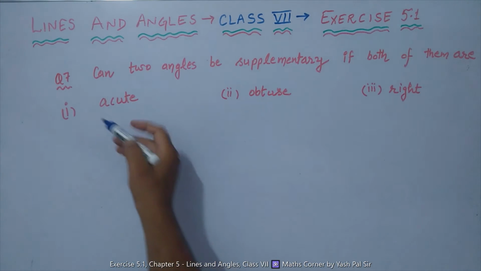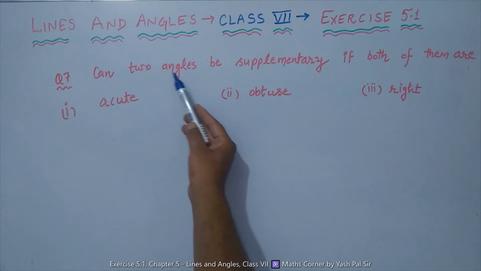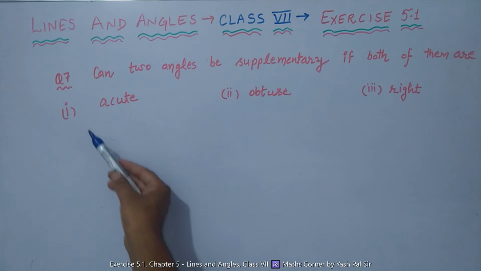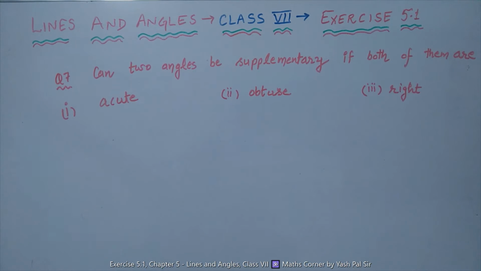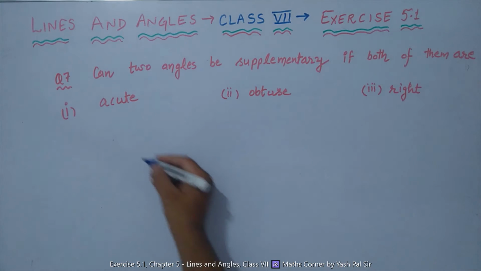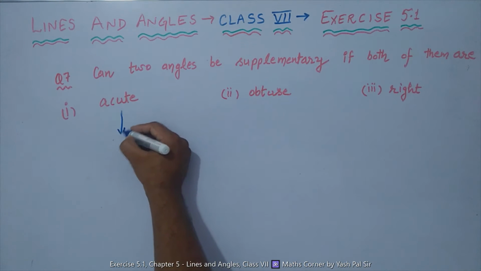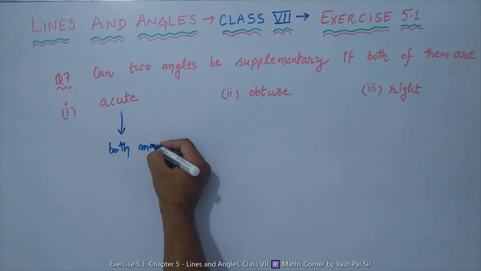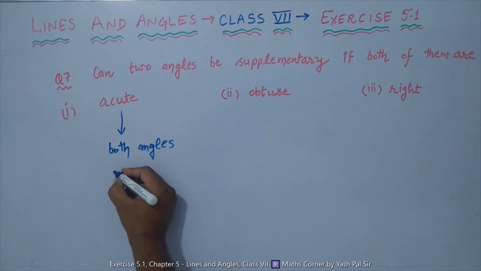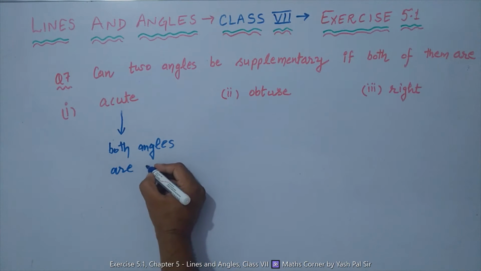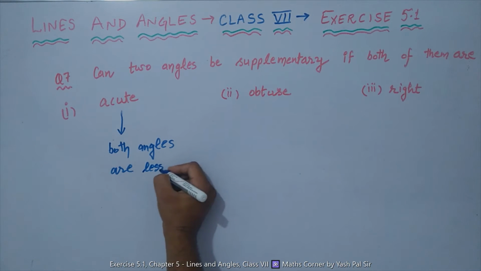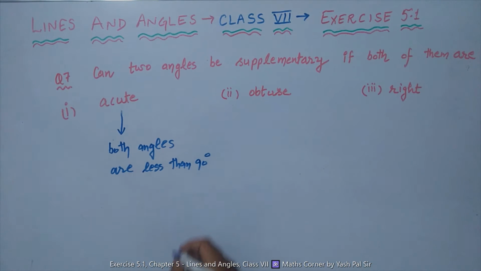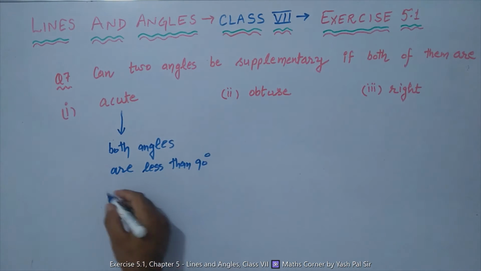Now what is our question number 7? Can two angles be supplementary if both of them are, number 1, acute? What is the meaning of acute angles? Acute angles mean both angles are less than 90 degrees.